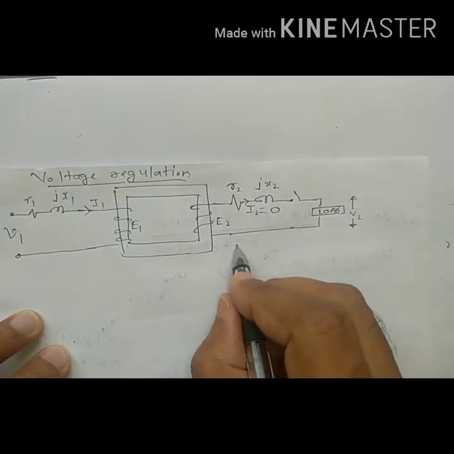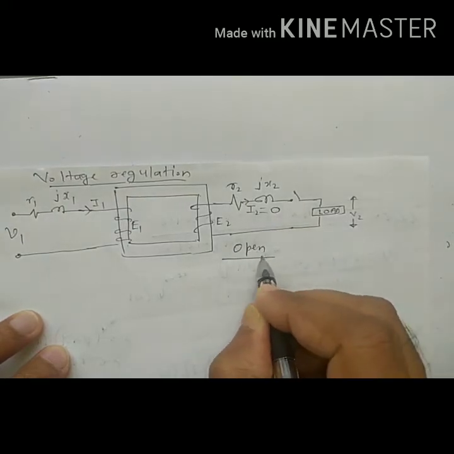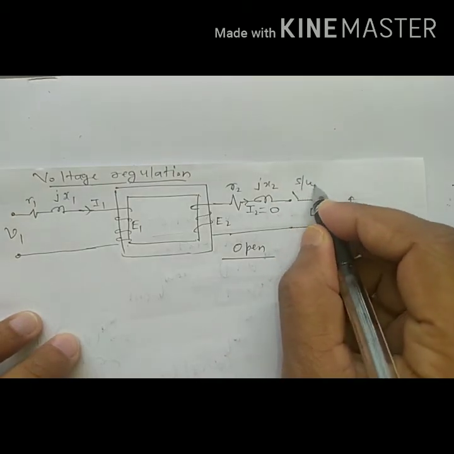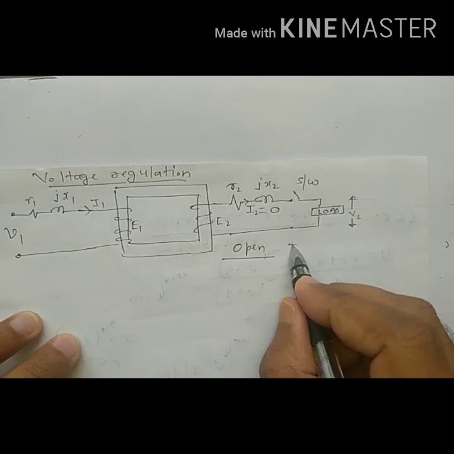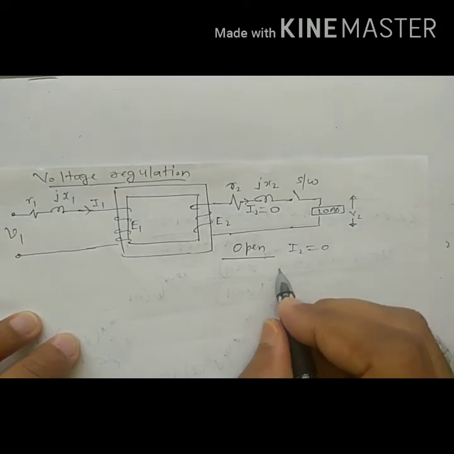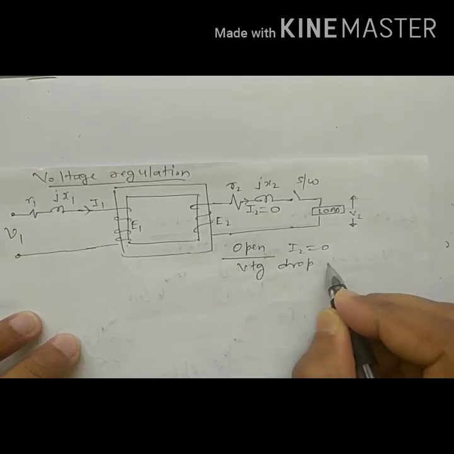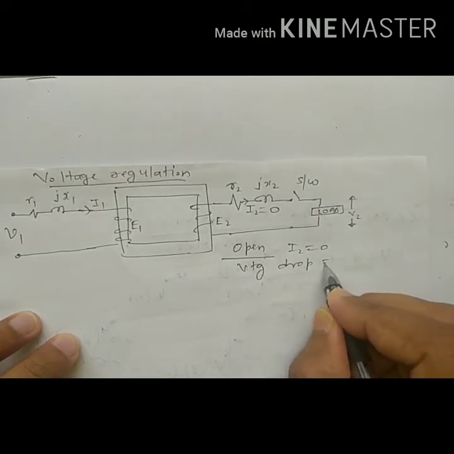So when the switch is open, this is a switch, I2 is 0. So the voltage drop in the secondary is 0.